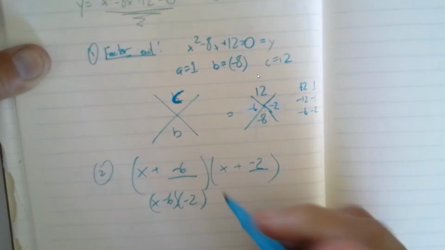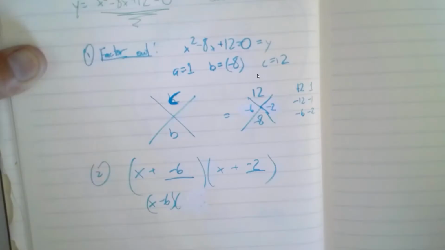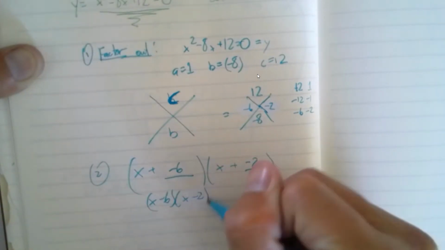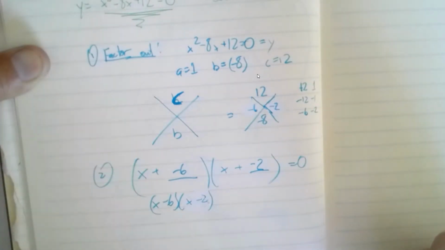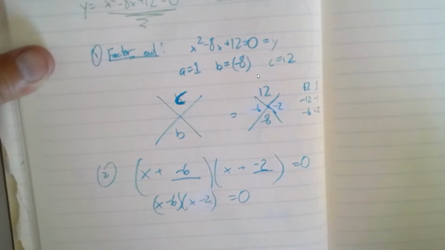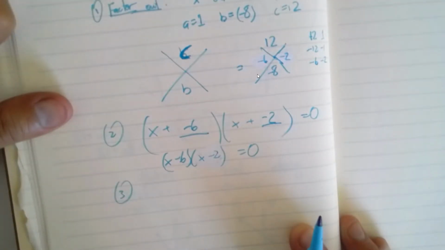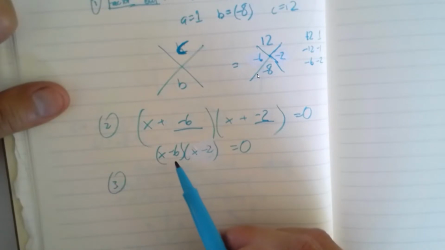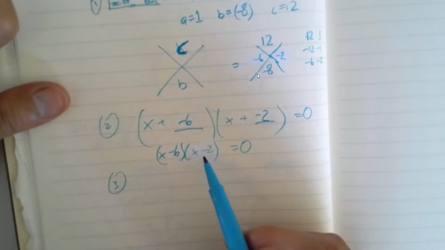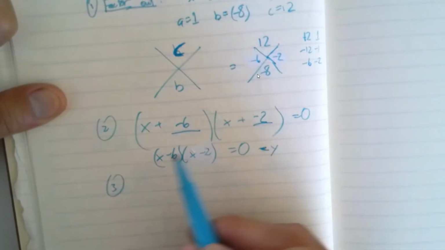But don't forget, the only difference is this time it's going to be equal to 0. So let's go to a third step. If you think about it, you have to make this whole thing multiply out to 0.